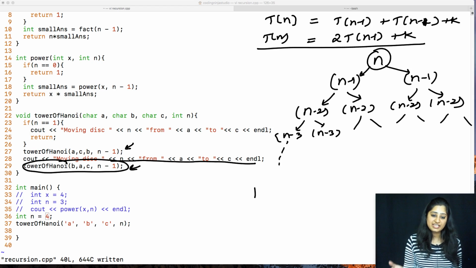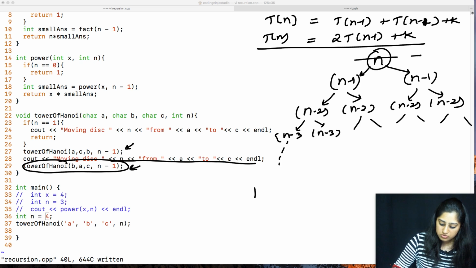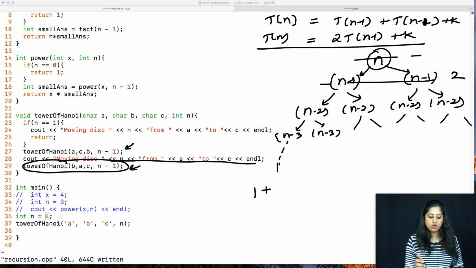So the total time taken by the function to solve will be proportional to the number of function calls that I am making. So here I am making just one function call, so this is one. In the next line I am actually making two function calls. In every function call, I am doing some constant amount of work besides making two function calls, that is moving one disk.